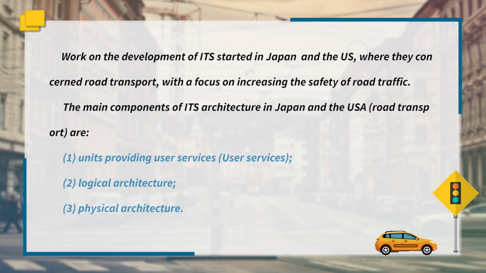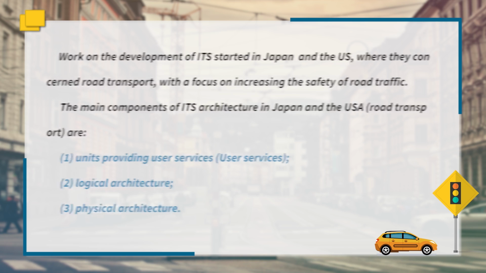Work on the development of ITS started in Japan and the US, where they considered road transport with a focus on increasing the safety of road traffic. The main components of ITS architecture in Japan and the USA are user services, logical architecture, and physical architecture.